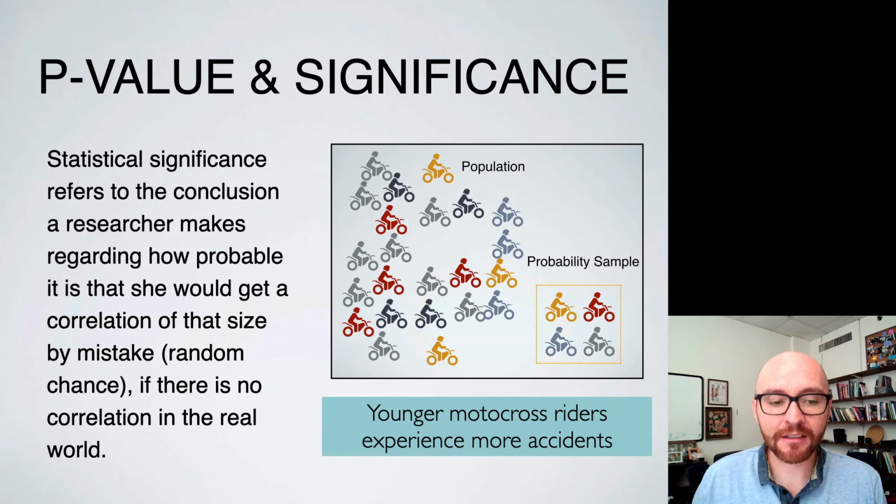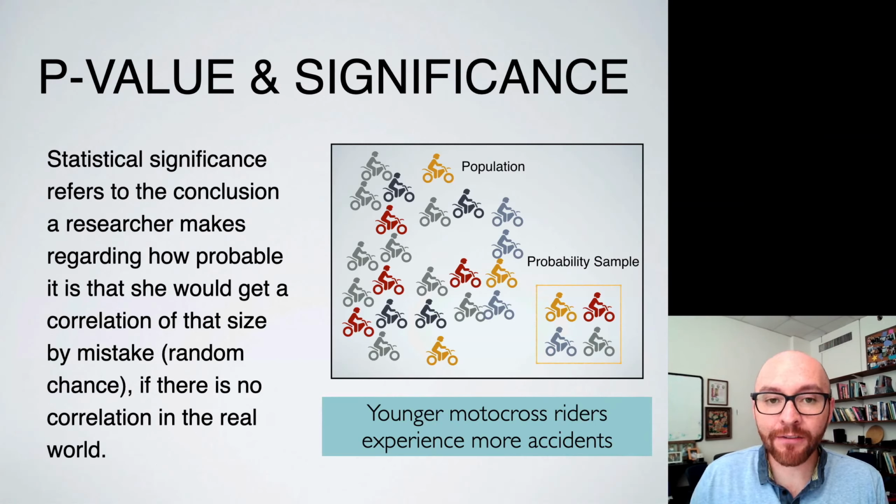So, okay, going back to this, here you have an example. Just to bring it back to what we've been discussing before, we're looking at that sample, and we're looking at the relationship between engaging in the sport of motocross and the likelihood of getting injuries, right?